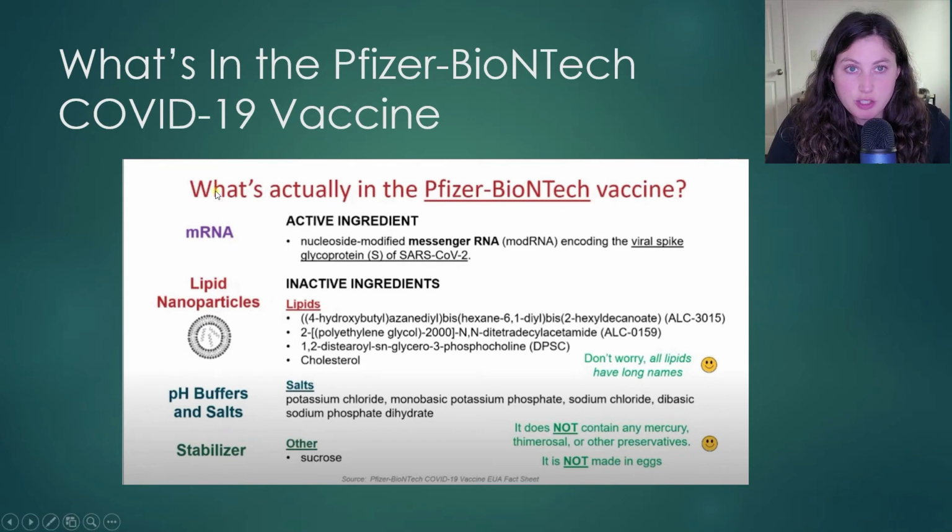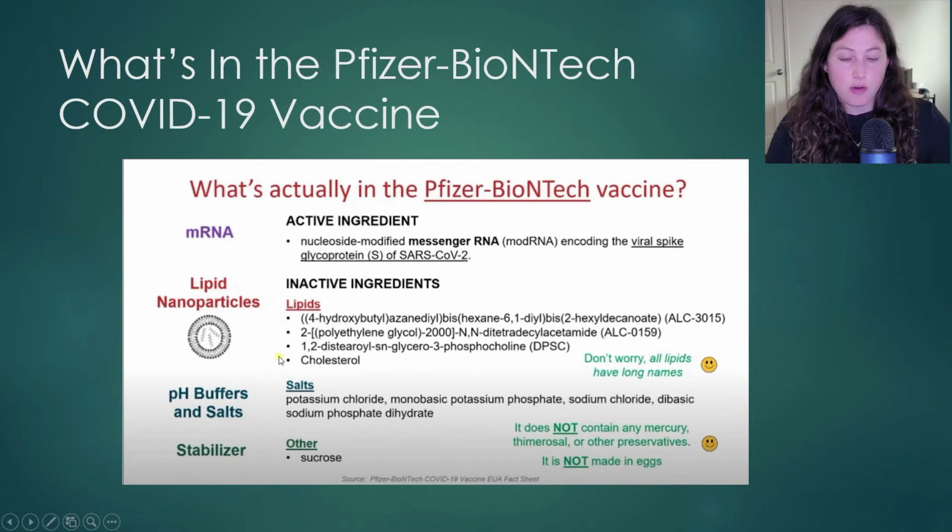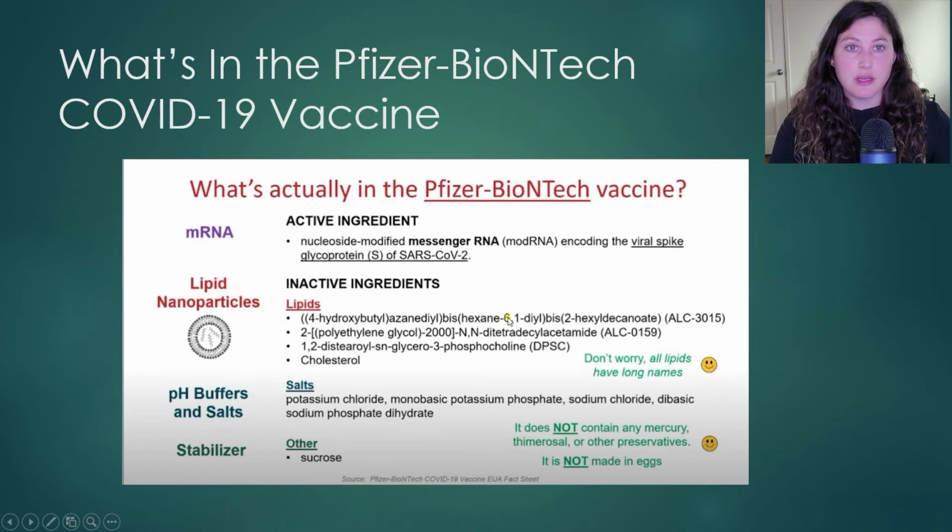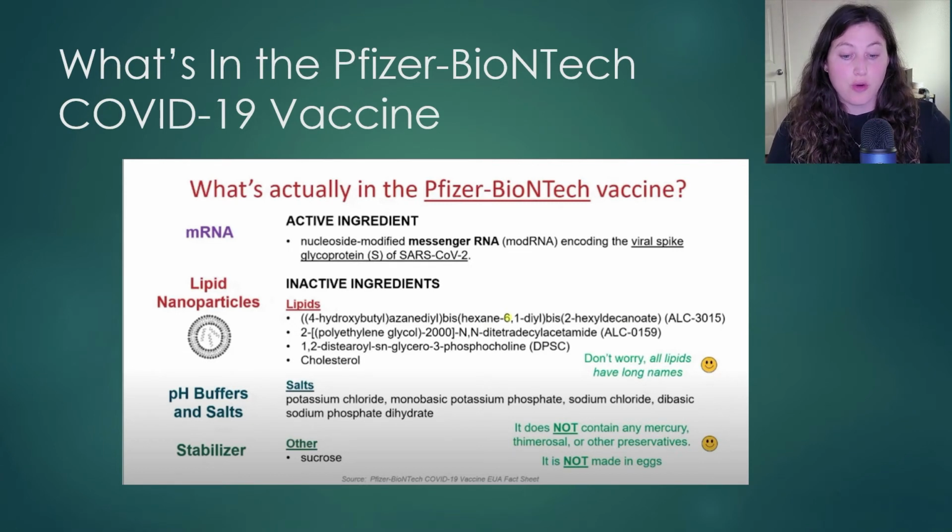In order to get the messenger RNA inside of the cell, we're going to use lipid nanoparticles. Lipid nanoparticles are made up of lipids. Lipids are things like fats and oils that are naturally produced by our body. They have these really long names, but that's just so that chemists can be very precise when describing these different lipids.